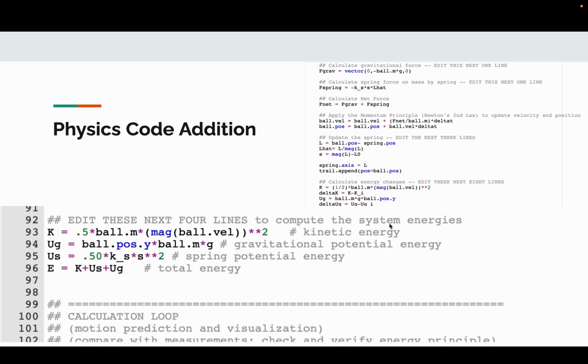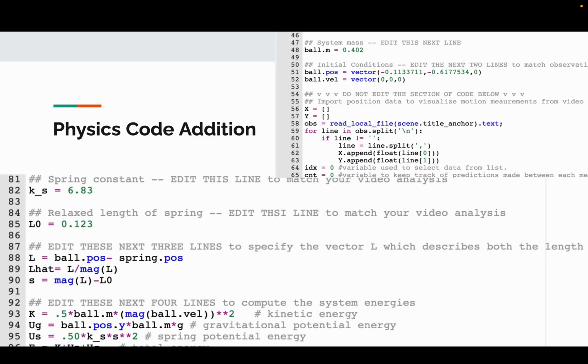Over here, as you can see, we have 0.5 times ball.m times the magnitude of the velocity squared, and then we had the UG, which is equal to ball.position.y times ball.m times the force of gravity, and then we have the spring energy, which is 0.5 times the spring constant times s squared, and then we had total energy, which is representative of the energy principle, equals K plus Us plus Ug.